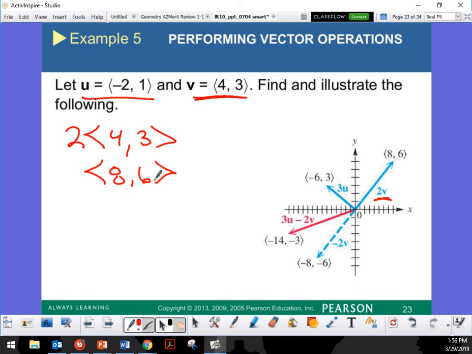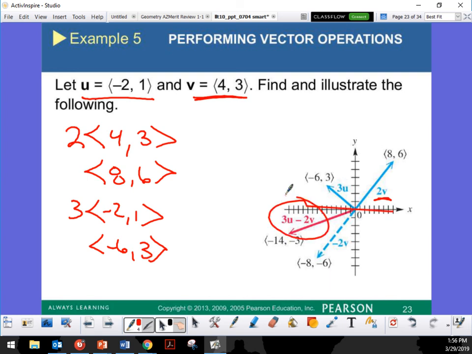Okay, so we got that. And now what about the other one? 3u. 3 times u. So 3u is negative 2 and 1, which gives me negative 6 and 3, right? And we're trying to find this thing right here.